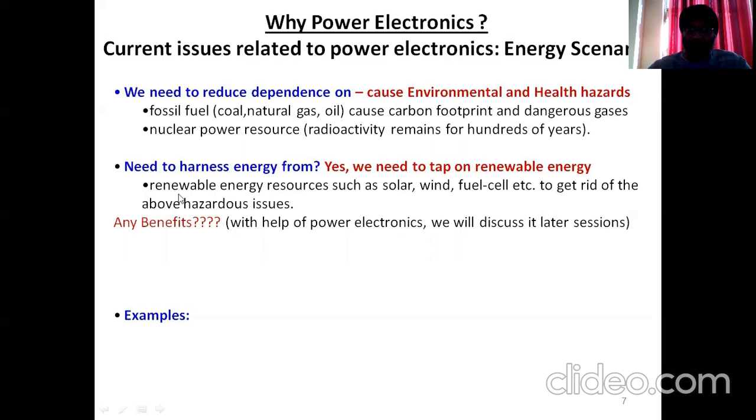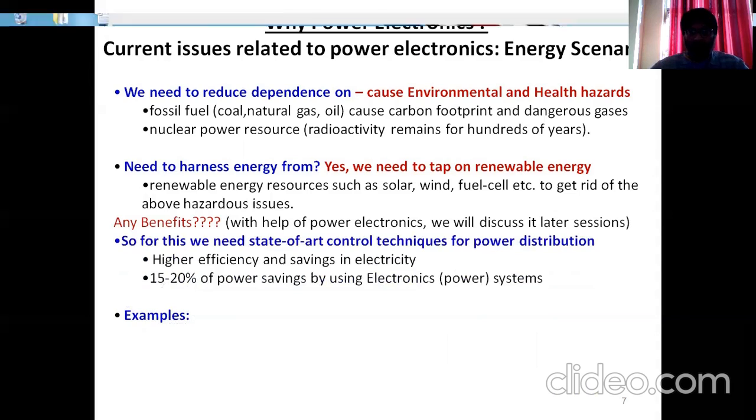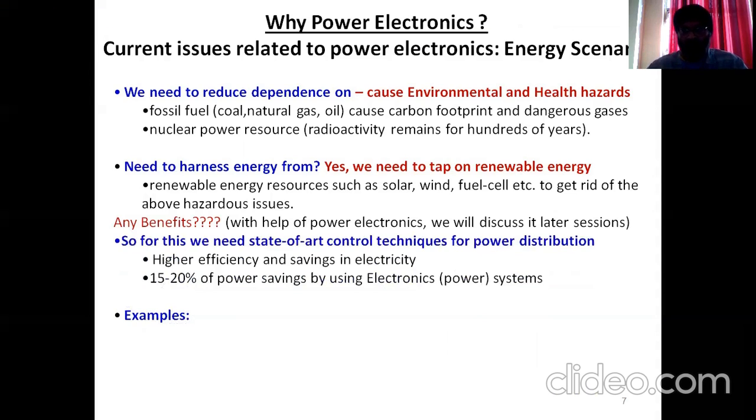Using renewable resources, with the help of power electronics, we can deal with the issues caused by fossil fuels and reduce our dependency on these fuels. That is the basic reason for using power electronics, which we'll study in this course.